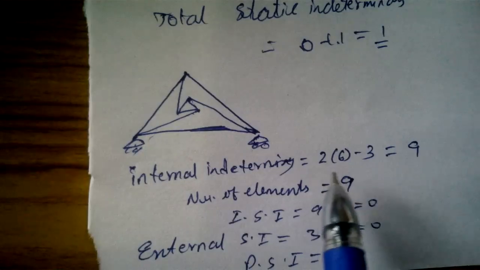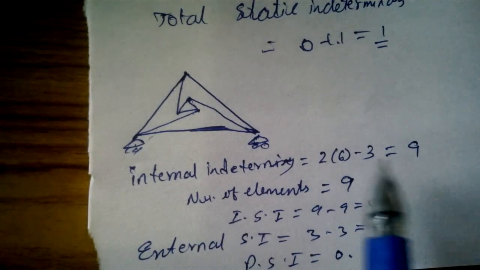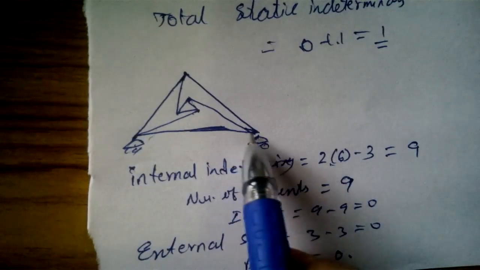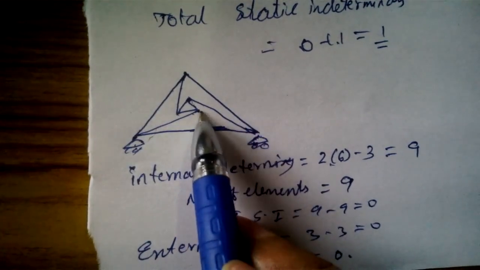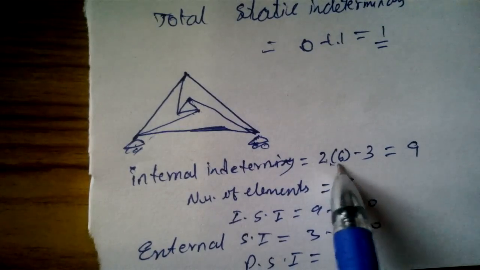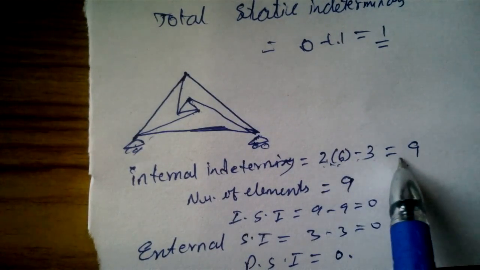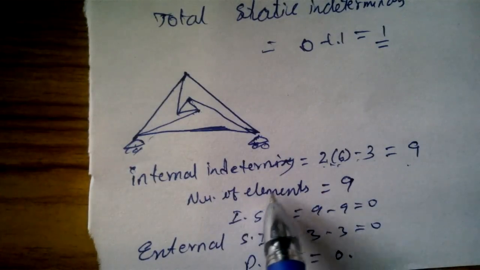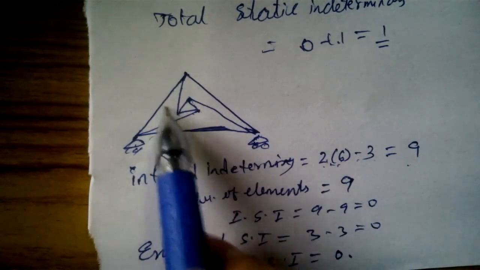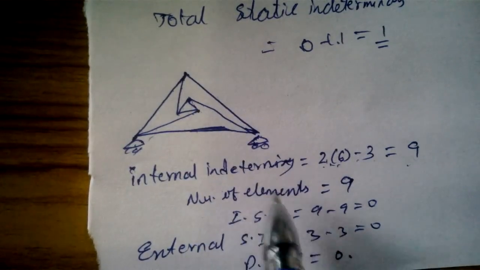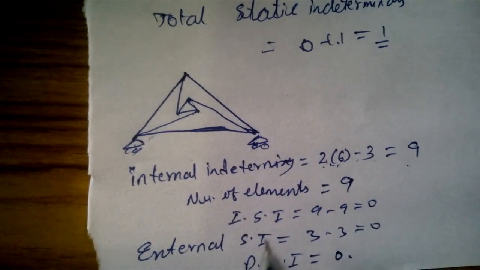For this, 2j minus 3, where j means the number of joints, 6 joints, 1 2 3 4 5 6. So 2 into 6 minus 3 equal to 9. The number of elements is 9, 1 2 3 4 5 6 7 8 9.